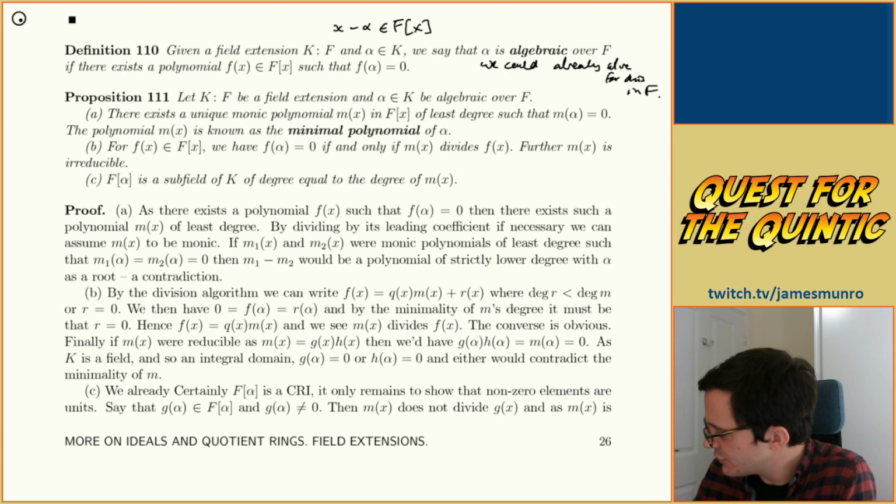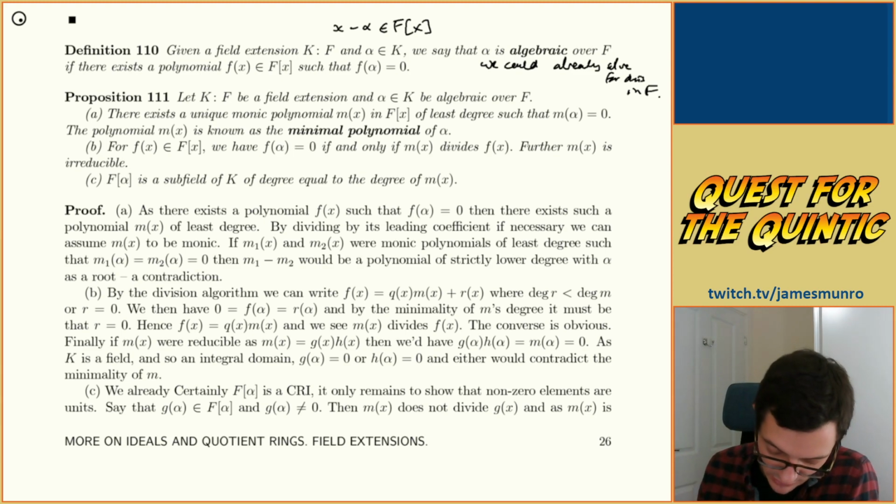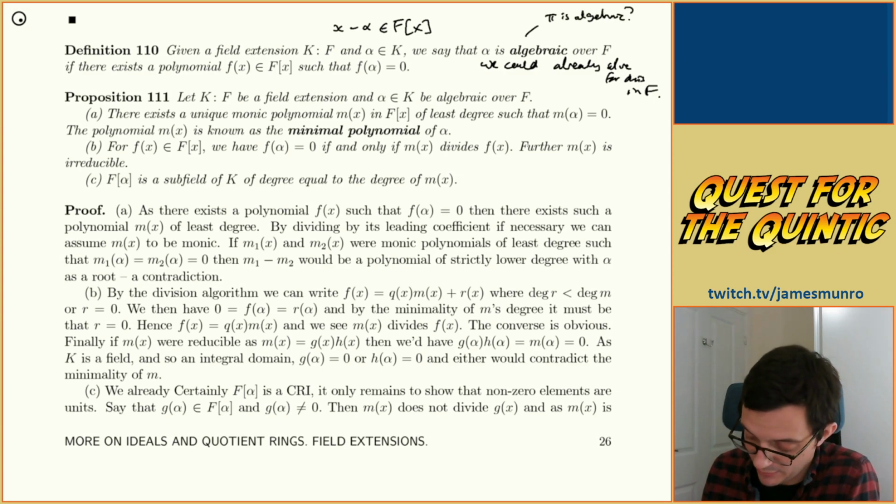I think I've had it as the root of any polynomial, which kind of makes sense. That's what this is saying. Huh. People say that pi is not an algebraic number because it's not the root of any polynomial. So it's a little sidetrack here. We may gain a way to understand that fact a little bit more.